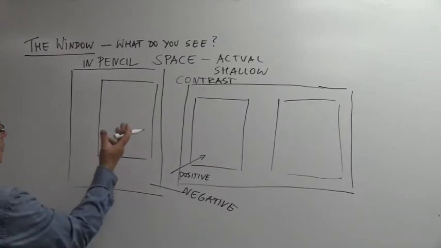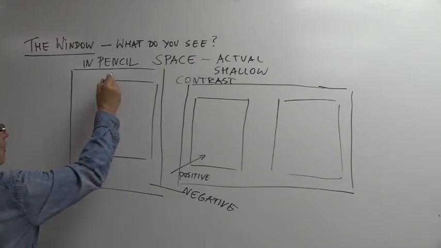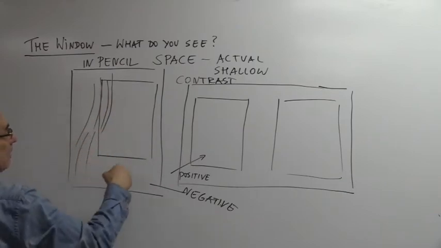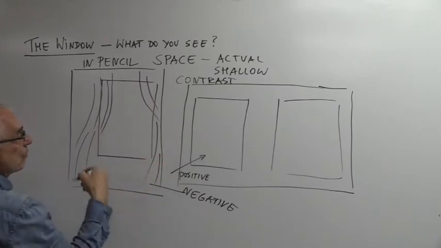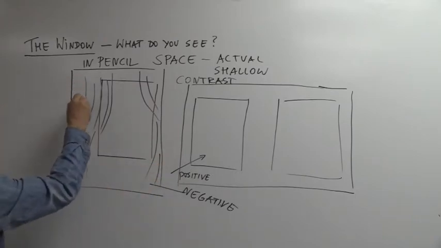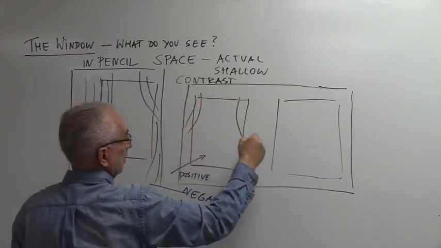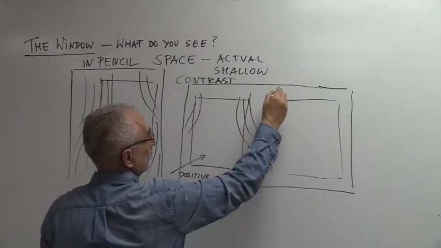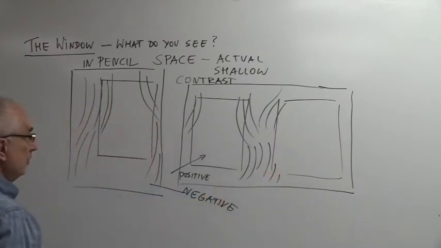The next thing, of course, you might think about is, do we have curtains? Then you can start designing a certain rhythm and pattern of lines, addressing this idea of how to decorate the space around the window.